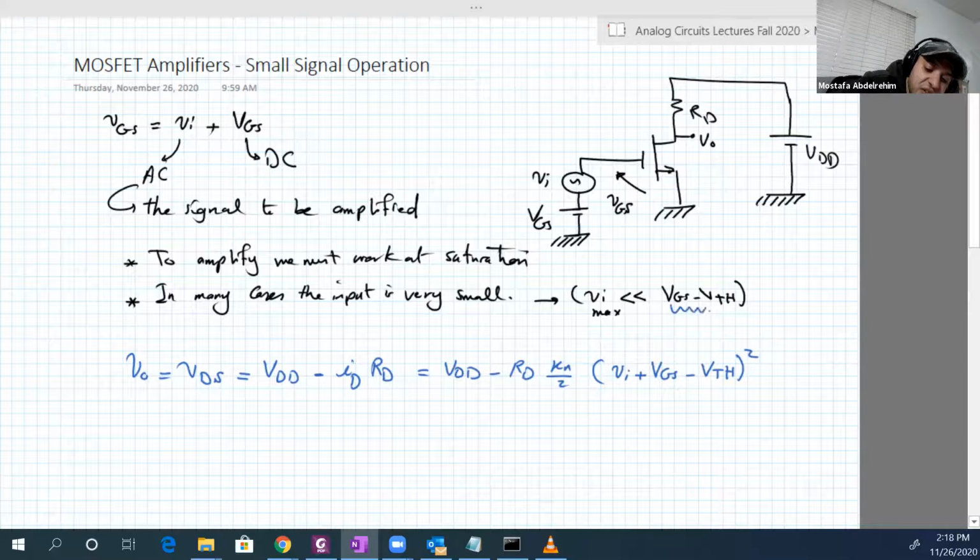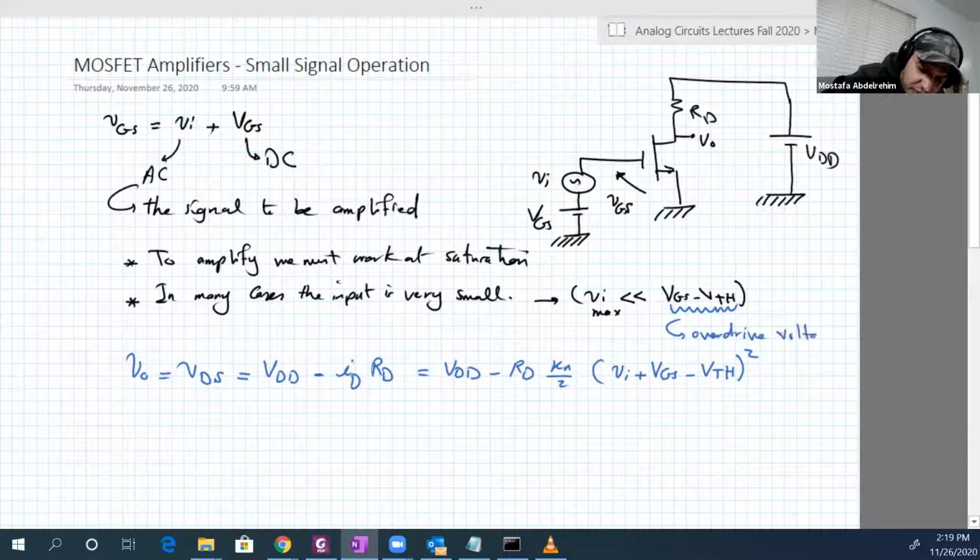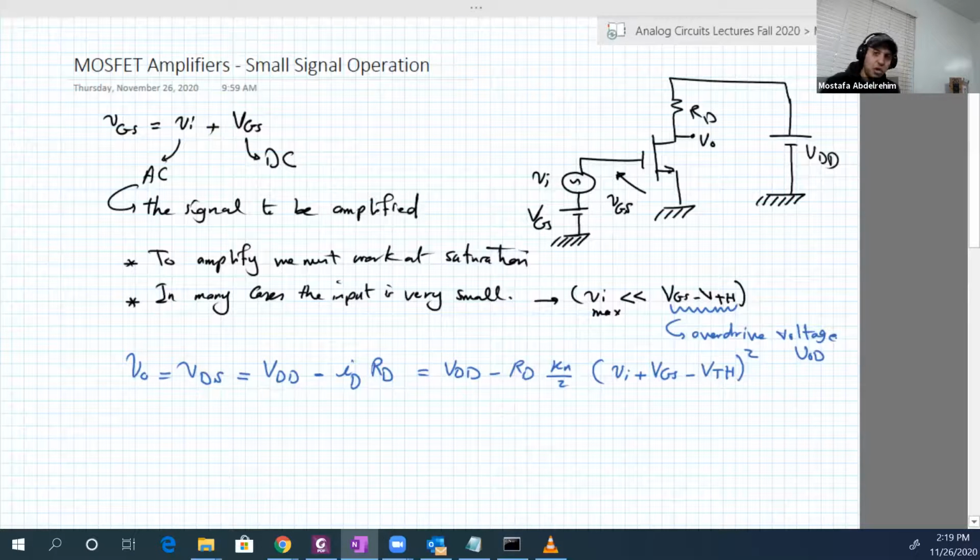Usually we call that voltage, VGS minus V threshold, the overdrive voltage. But don't worry about the namings. I will just replace VGS minus V threshold and call it V overdrive, just to make our symbols less messy.